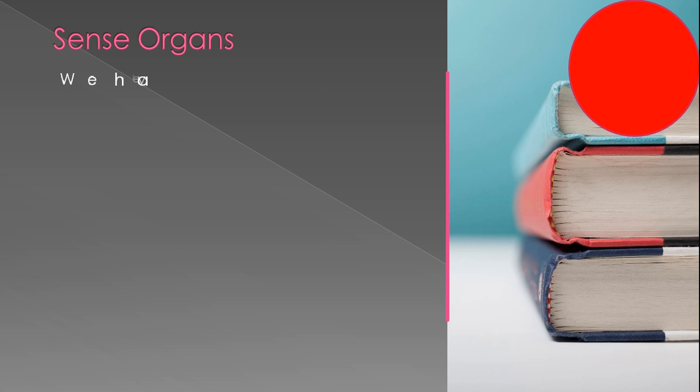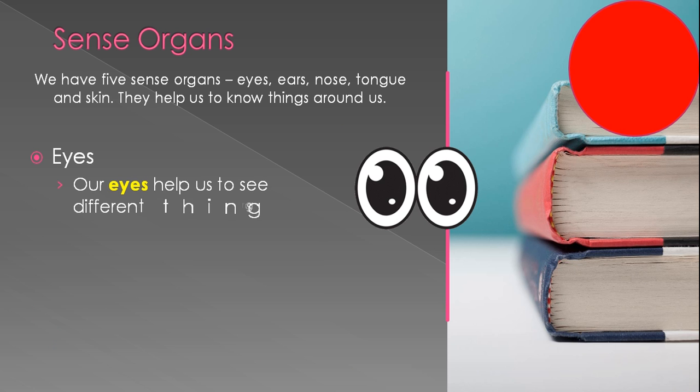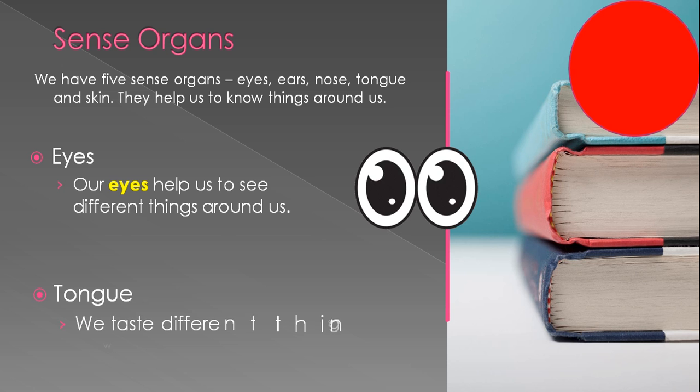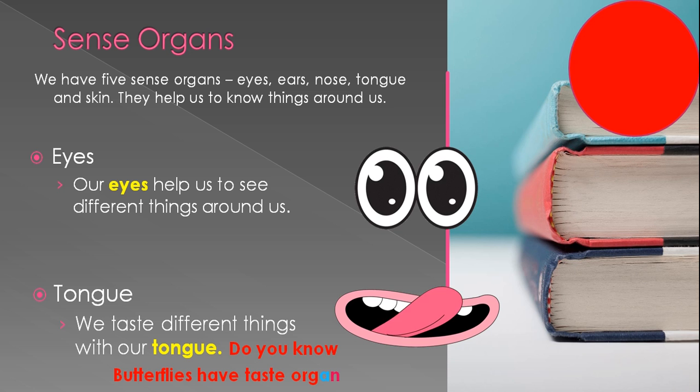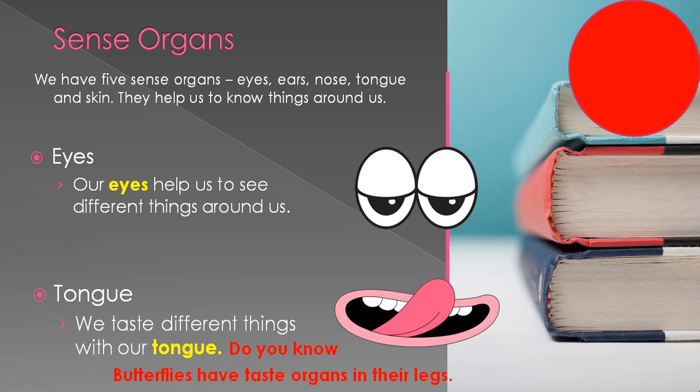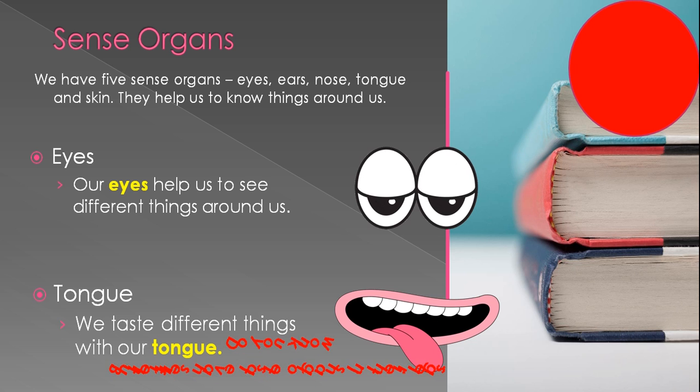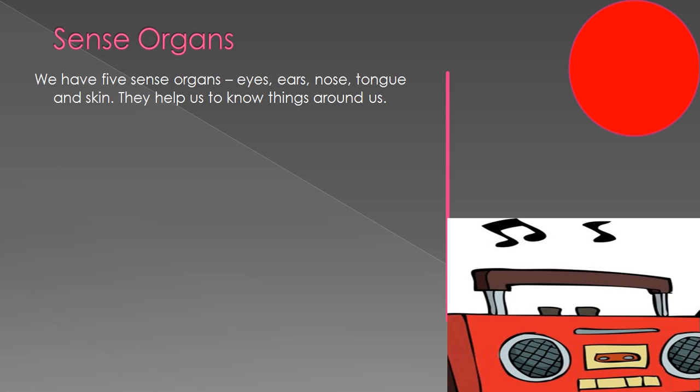The first one is eyes, which help us to see. The second one is the tongue. We taste different things with our tongue. Here we have noted, do you know that the butterfly has taste organs in its legs?